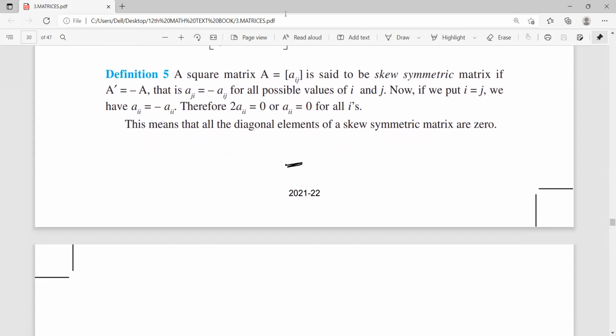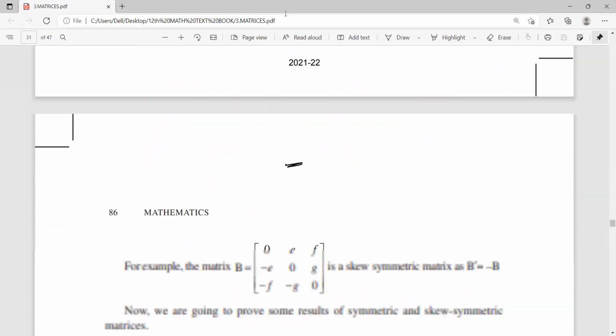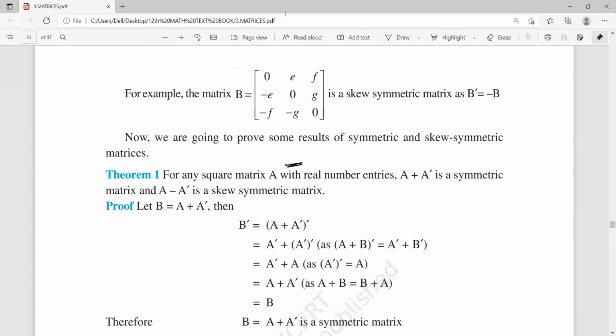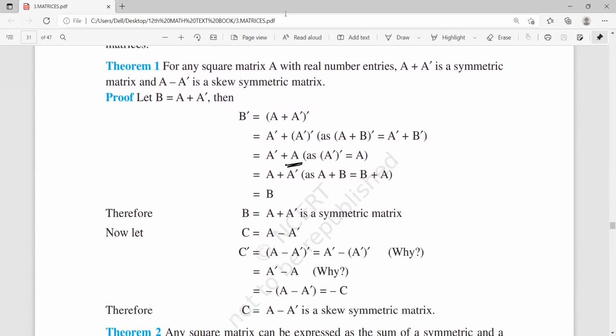If A transpose is minus A, then it is skew symmetric. Here the diagonal ones must be zeros, as E minus E, F minus F, G minus G. The first theorem we learned: for any square matrix A, A plus A transpose is always symmetric, and A minus A transpose is a skew symmetric matrix.